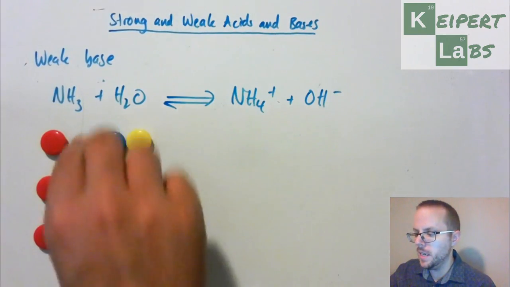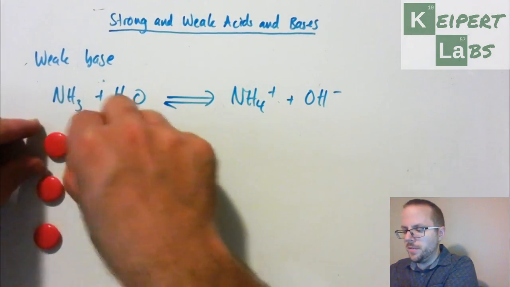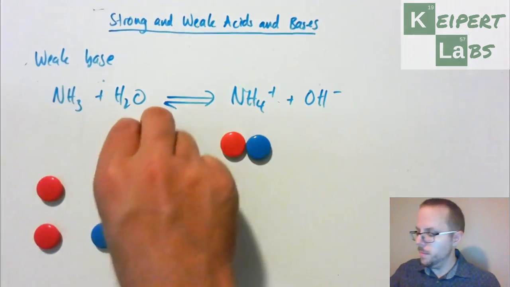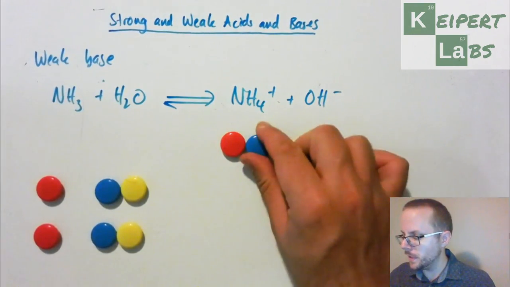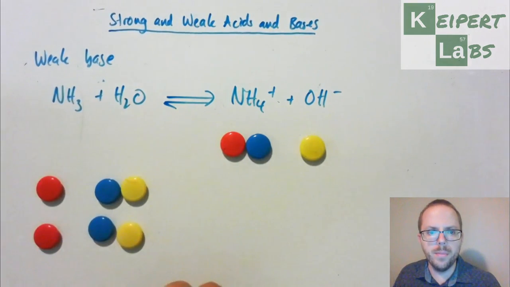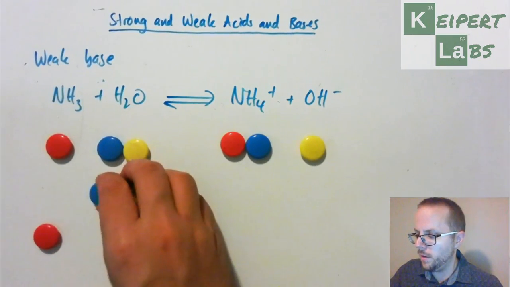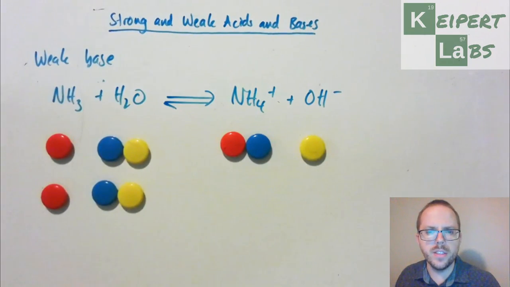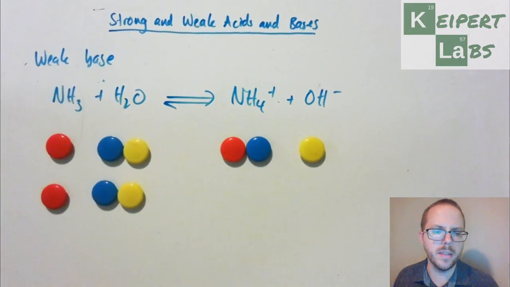But what we're saying is that in this situation that proton is being transferred to make the ammonium, and leaving behind, we're going to represent this yellow as the hydroxide. But now rather than this happening for all three of these, perhaps only one of them out of these three will actually undergo this. The others will remain as they are over here on the reactant side. So it doesn't fully dissociate or fully ionize in this process, but only partially. Hence, it's a weak base.